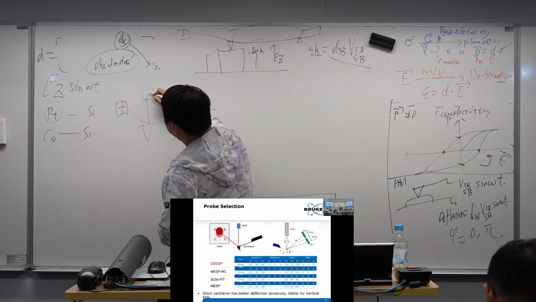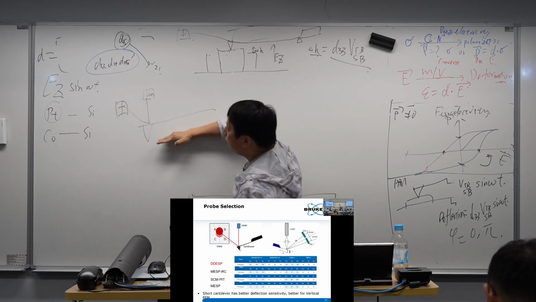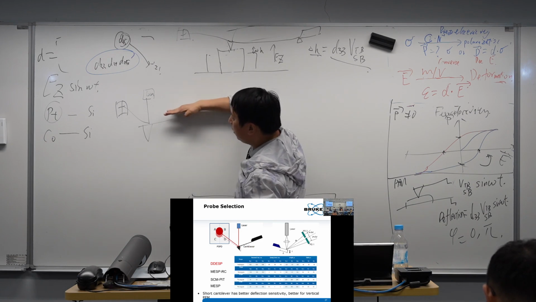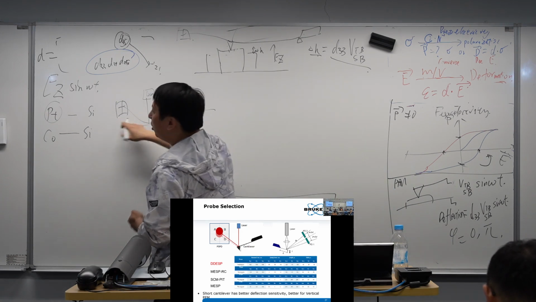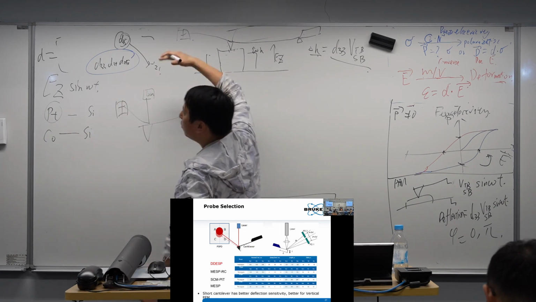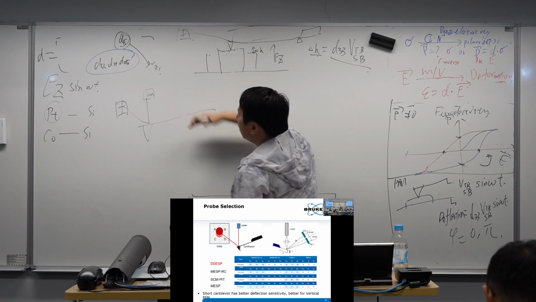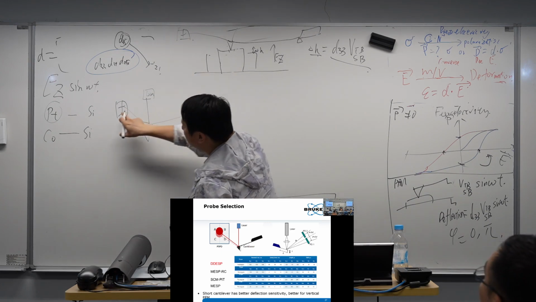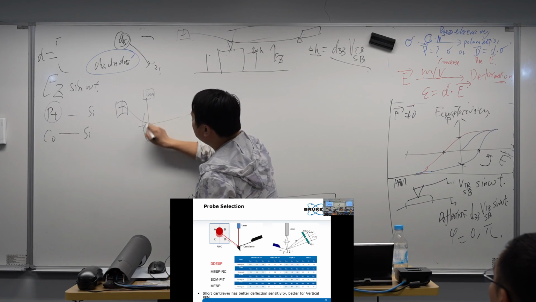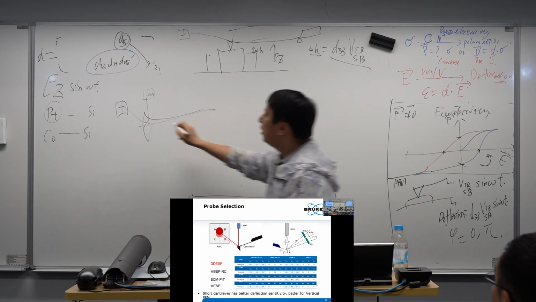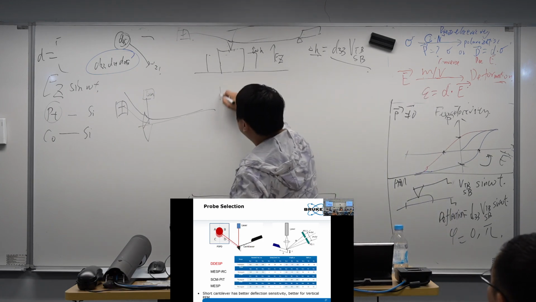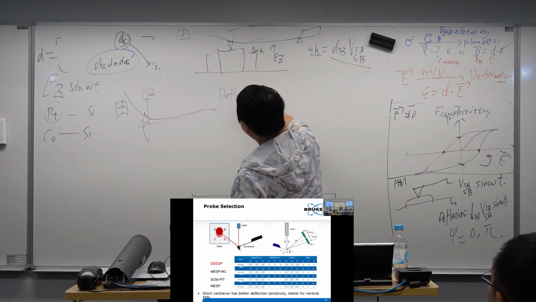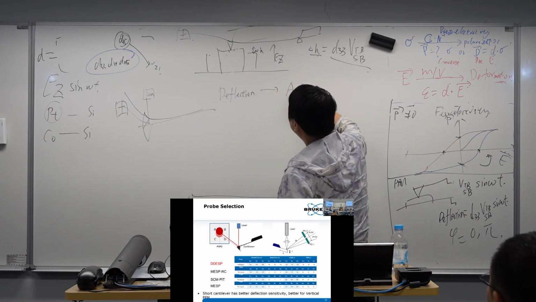If the probe is moving up and down, the cantilever does not make any deflection, and the vertical value will not change, because the whole thing is moving up and down. Only if the probe has some deflection does it change the light path. So we actually detect the deflection, which just means the angle change.